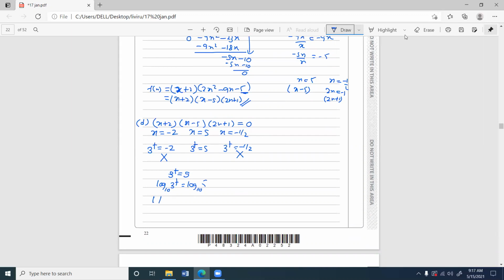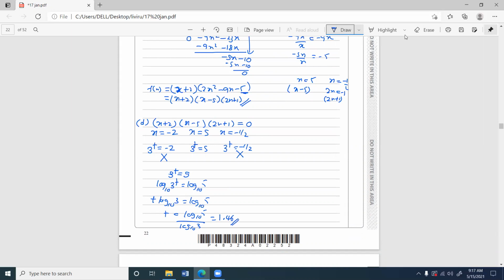Therefore, t times log 10 of 3 equals log 10 of 5. Therefore, t equals log 10 of 5 divided by log 10 of 3. That is 1.46.